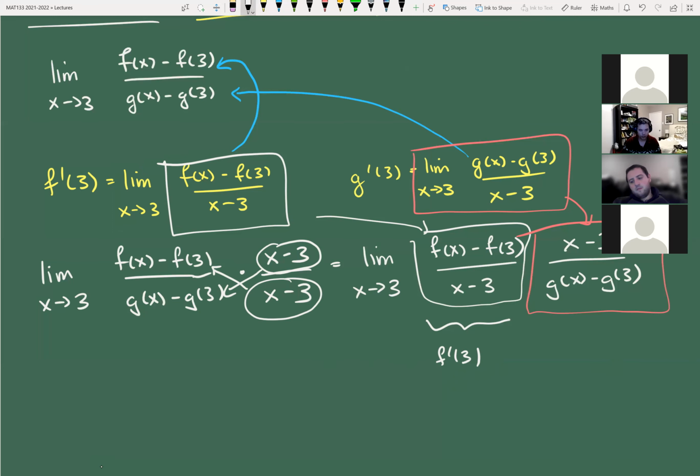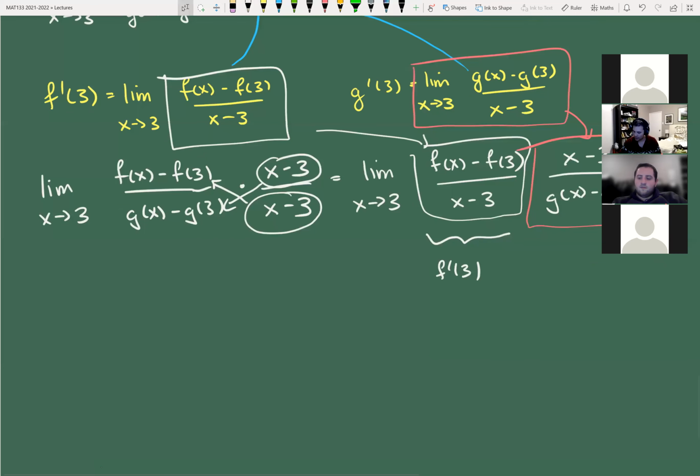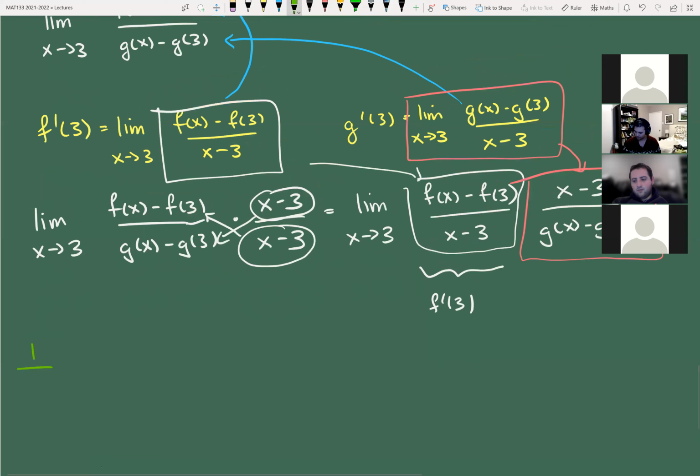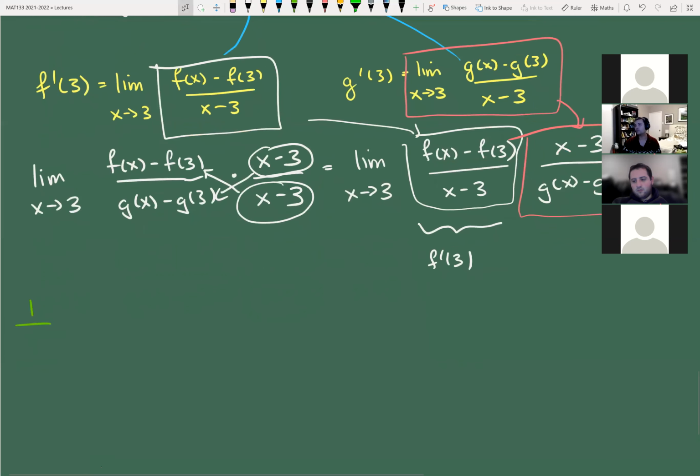Okay, so the 1 over g prime, it might actually help to do this backwards. So let's compute the limit as x approaches 3 of x minus 3 divided by g of x minus g of 3.